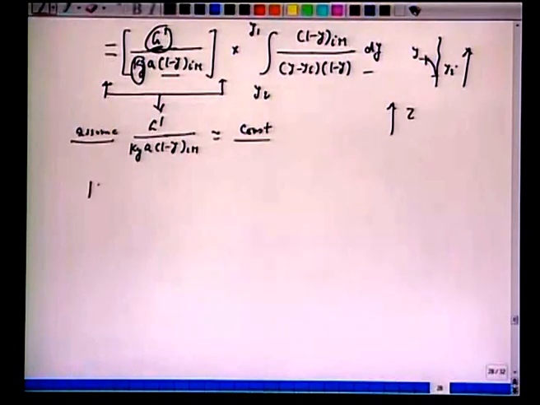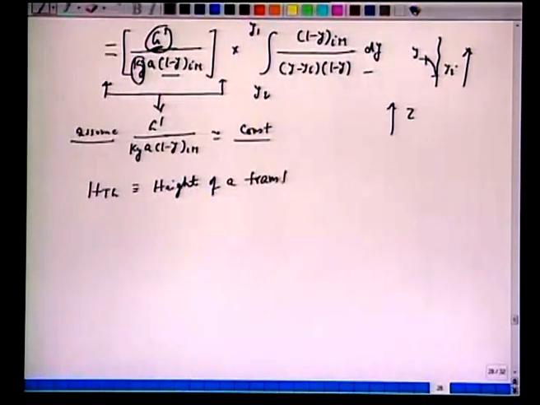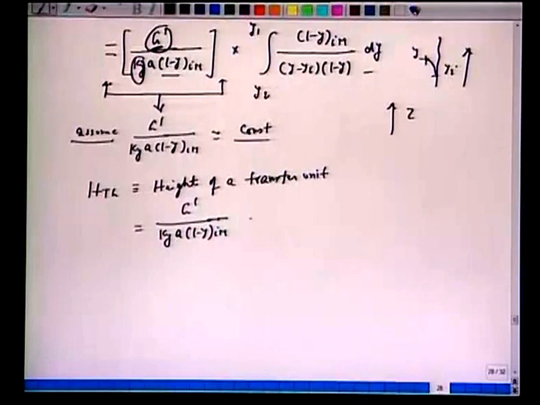Now, we call this H_tG, the height of a transfer unit. So, height of a transfer unit is G prime over K_y a (1 - y)_IM, and this can also be written as G prime over K_G a P_t (1 - y)_IM.